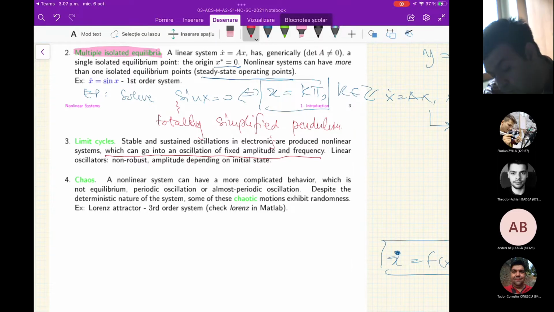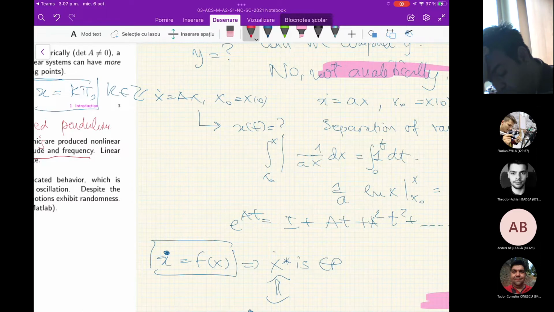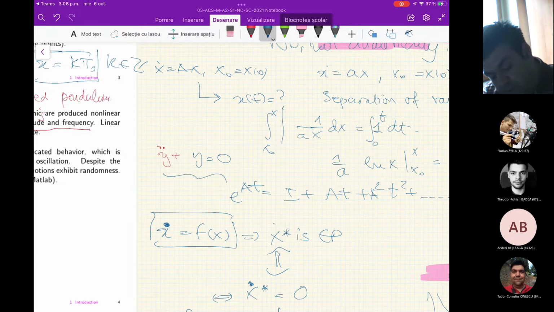However, in the nonlinear case, the oscillations can be kept of a fixed amplitude. So essentially, what we're trying to say here, if you have something like y double dot plus y equals 0, so this is a linear oscillator.